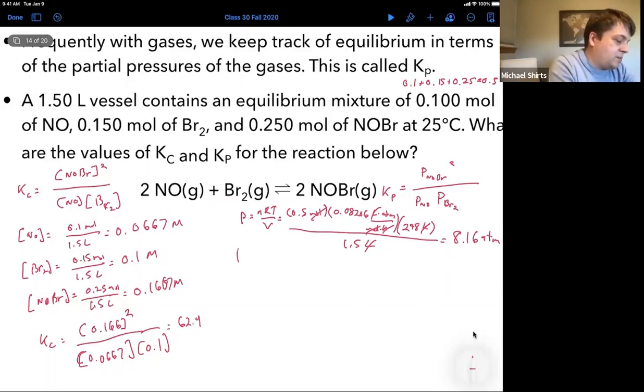And so the partial pressure of NOBr is going to be 0.25 moles over 0.5 moles, that's the total number of moles, times 8.16 atmospheres, which is 4.08 atmospheres. The partial pressure of NO is going to be 0.1 mole over 0.5 mole times 8.16 atmospheres.